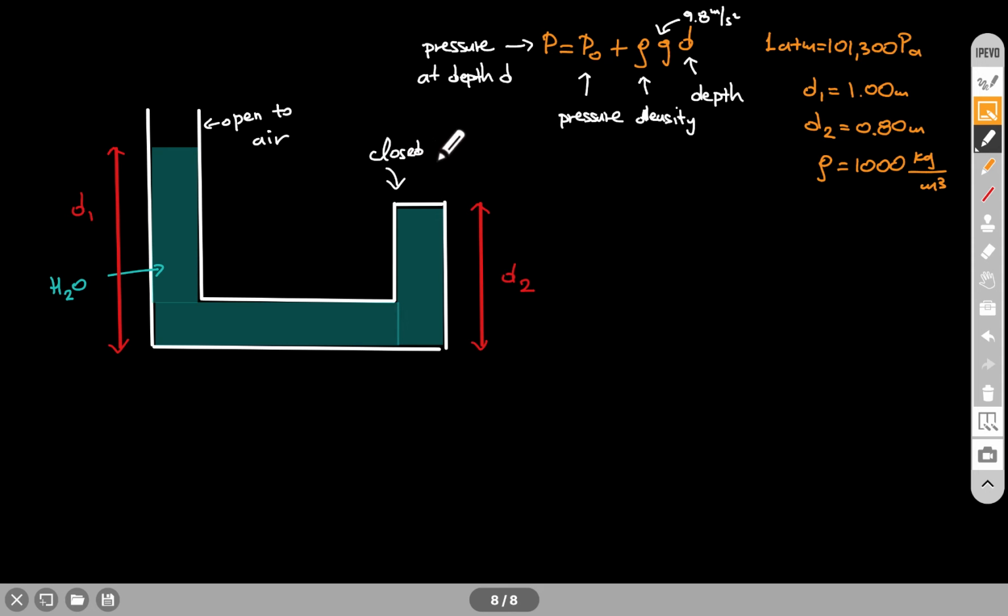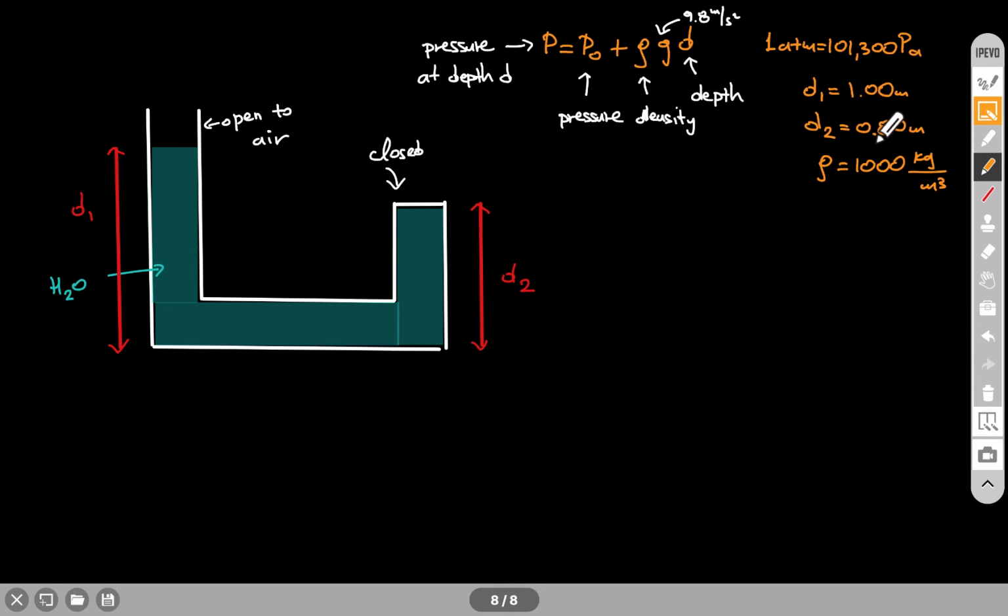There is no way the water can go higher than this. From the top level of the water all the way to the bottom, we have a height of 1 meter. And then D2, this height, is 0.8 meters or 80 centimeters.